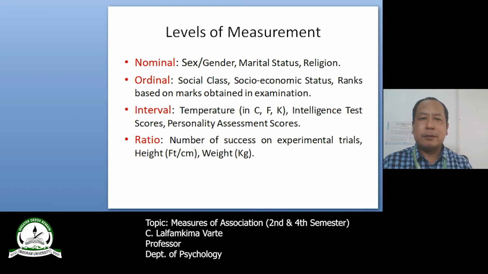Now let us look at the levels of measurement. At the first level of measurement, following the works of Stevens typology that was proposed in 1946, we have nominal level, ordinal level measurement, interval level measurement, and ratio level measurement.